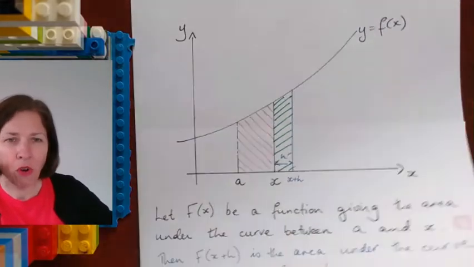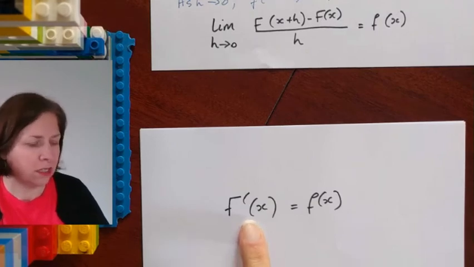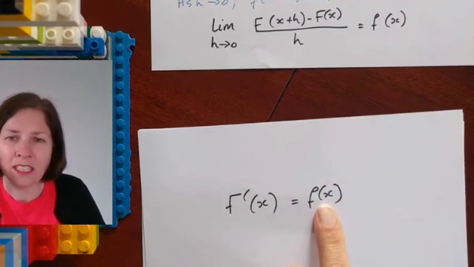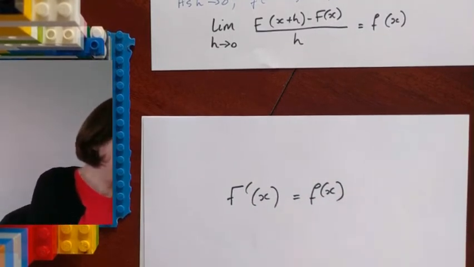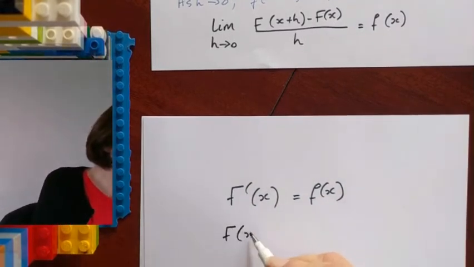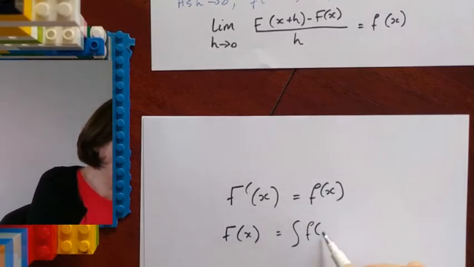What I've now shown is that the derivative of that function is f of x, which is the function of the curve that I'm talking about, which means, therefore, that capital F of x is an antiderivative of f of x.